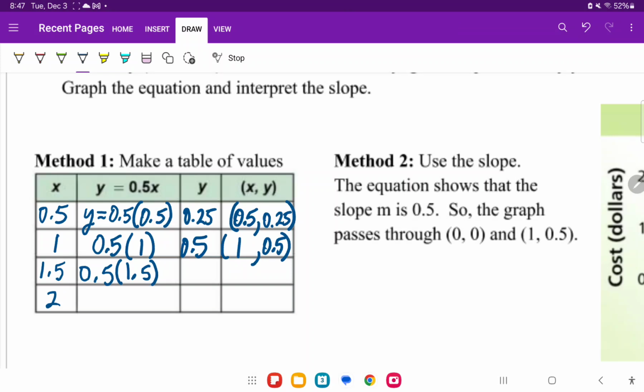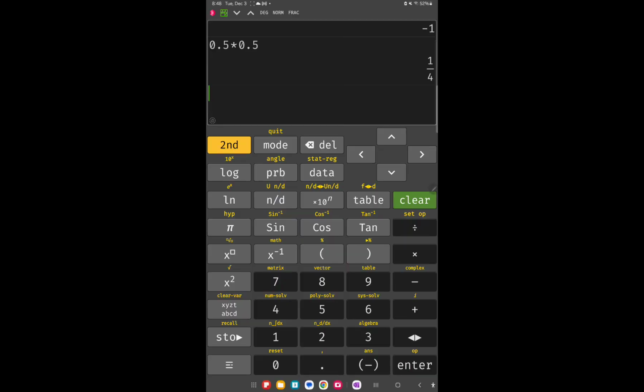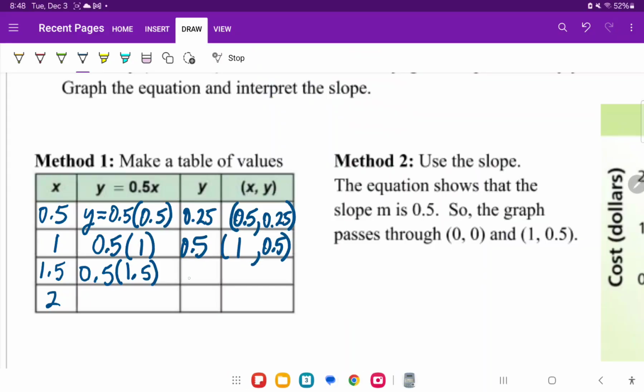All right, so then we're going to multiply 0.5 times 1.5, and that gives us 0.75. Is that what you got when you did that?